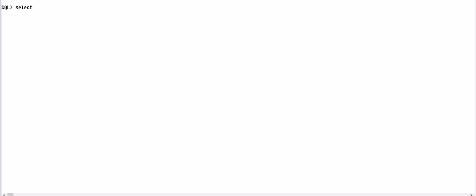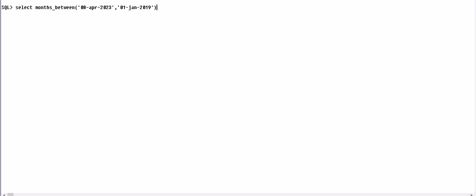So we will write SELECT MONTHS_BETWEEN, and then inside the brackets we will specify two dates. For example, the first date we specify is today's date, which is 8 April 2023, and the second date we give, for example, is 01 January 2019.